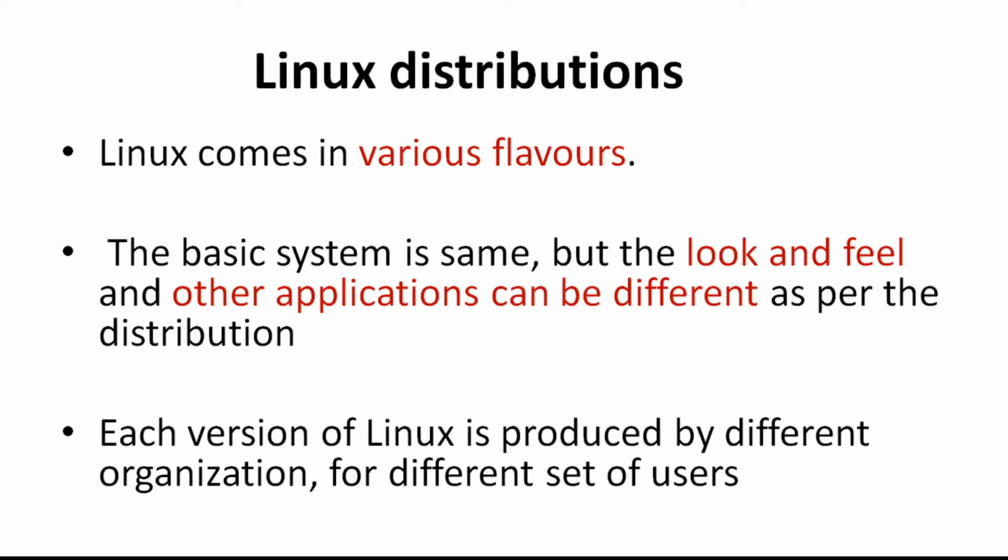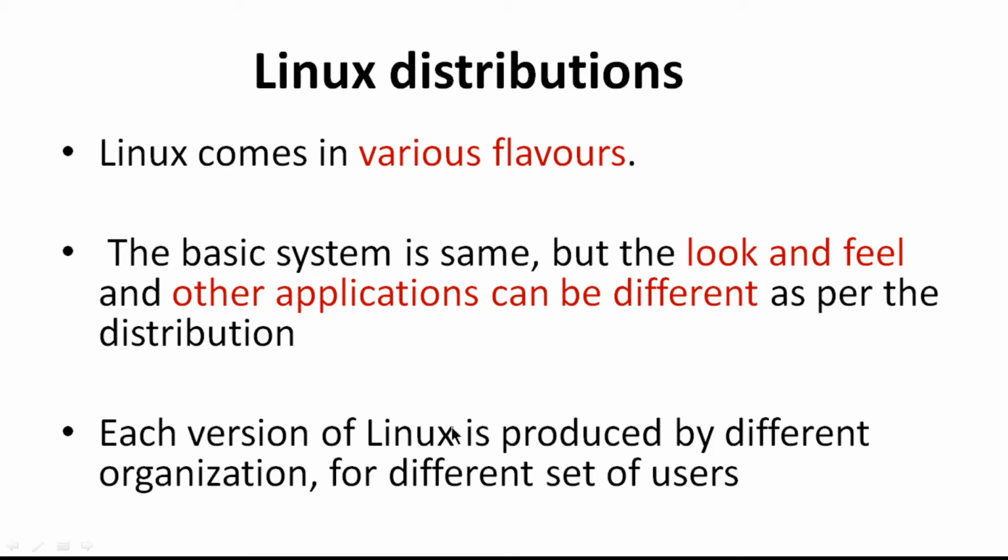When you talk about Linux, there are a lot of distributions, or we can say Linux comes in various flavors. How are these flavors identified or categorized? It is based upon their look and feel and how the applications interact. The basic system is going to be the same, but the look and feel and other applications can be different as per the distribution.